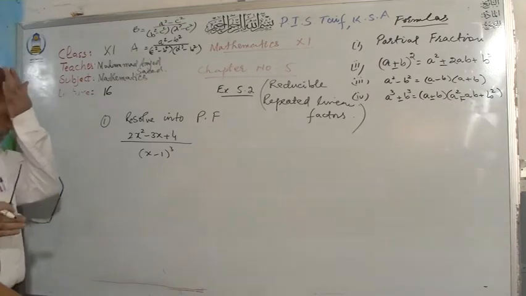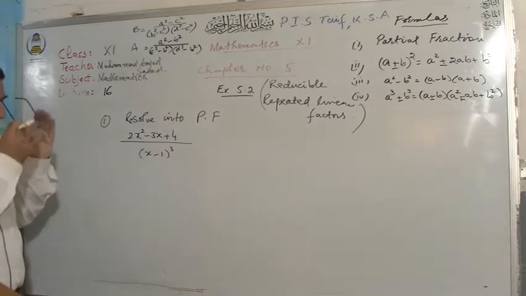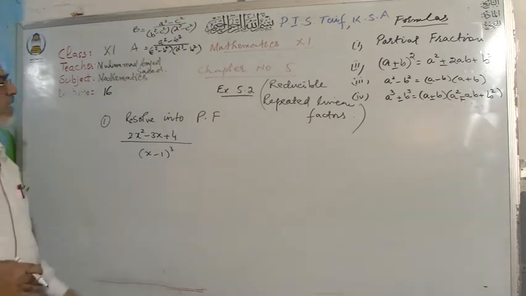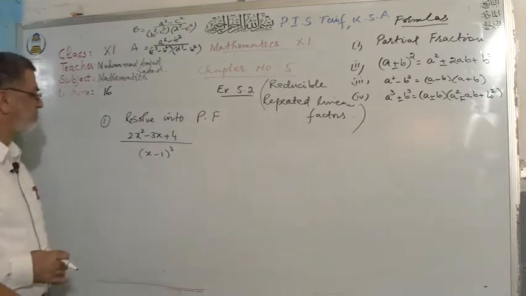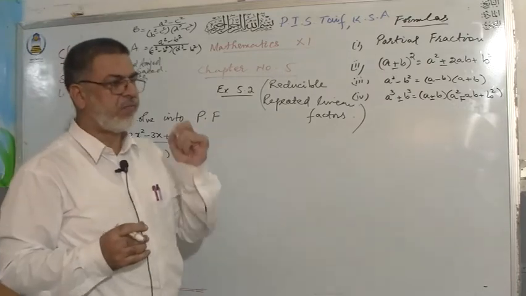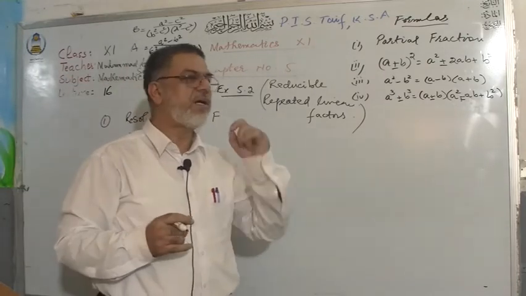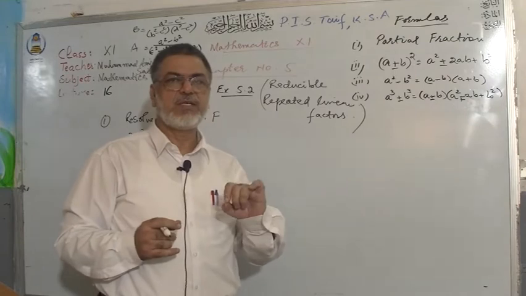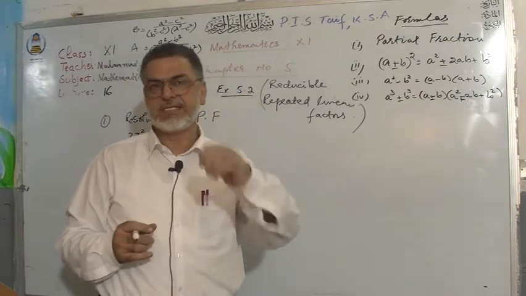Dear students, in this case, when you are having repeated factors, then for every power of x minus 1 you will have one constant.